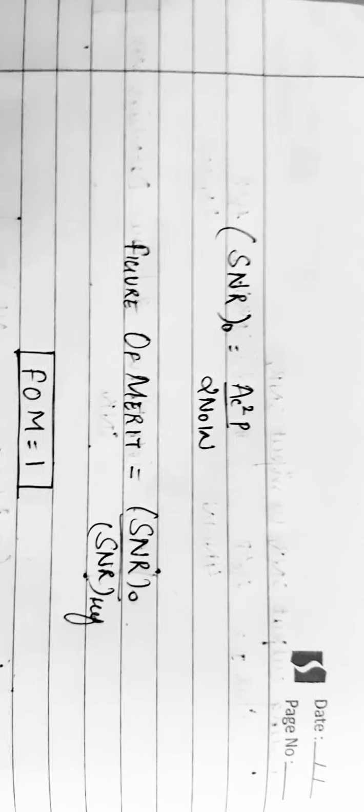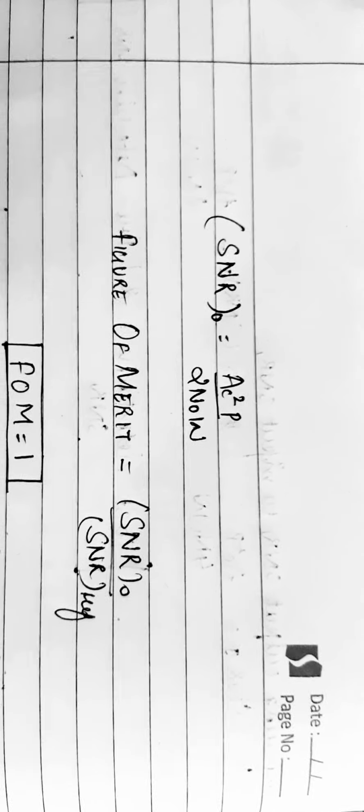We know that the figure of merit is equal to the SNR output upon the SNR reference. The SNR output is equal to A_c² P upon 2 N naught W, while the SNR reference value is A_c² P upon 2 N naught W. So it gets cancelled and we get the figure of merit equal to 1.